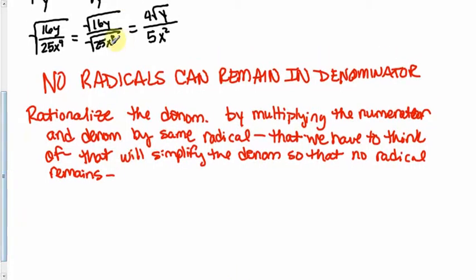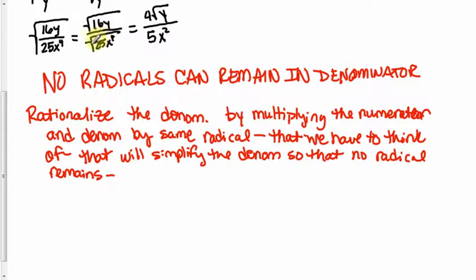If you look right here, you noticed that 25, you were able to take the square root of 25. And you were able to take the square root of x to the fourth, right? So it's imperative that whatever is underneath the radical in the denominator can be done. And that's not a proper verb. But we want it to be square rootable if there's a square root down there.